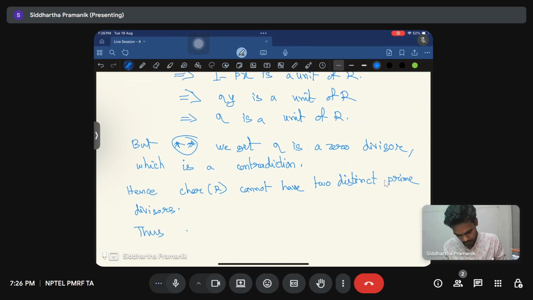Thus, the characteristic of R must be equal to p^n for some prime number p and n a natural number greater than or equal to 1.